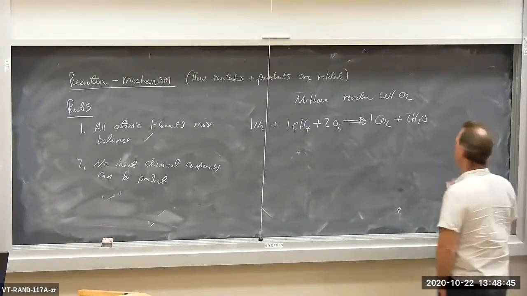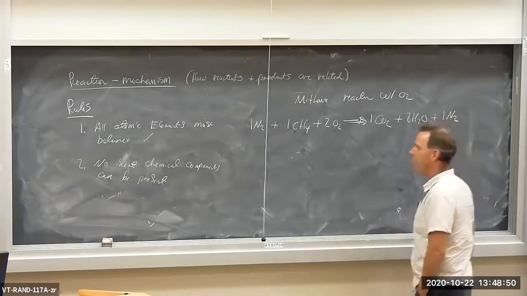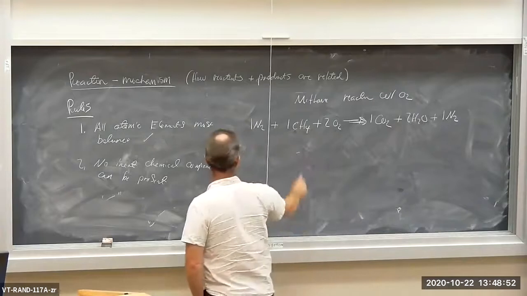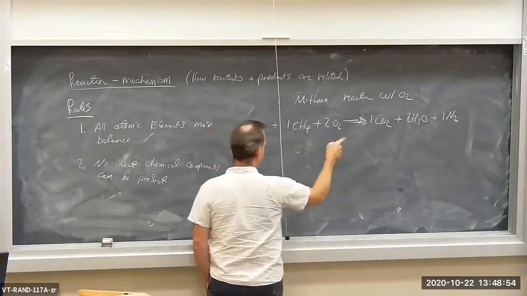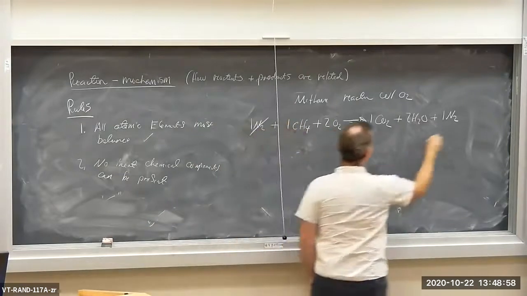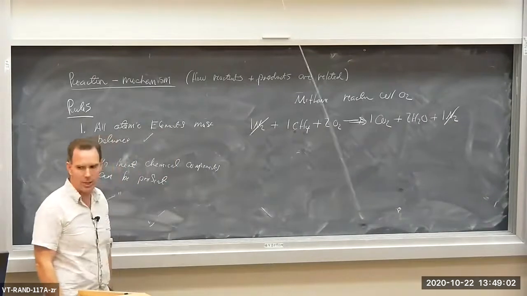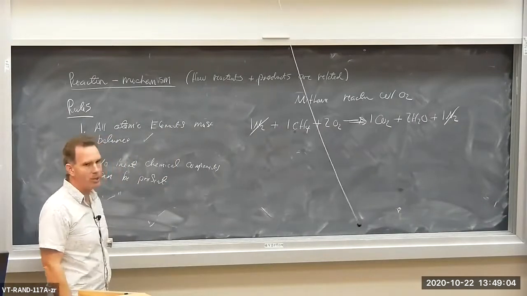It's inert. So I have to also put 1 N2 on the product side. So this is the reactant side, and that's the product side. And notice that they cancel out. It doesn't participate in the reaction, so it cancels out in the reaction mechanism.